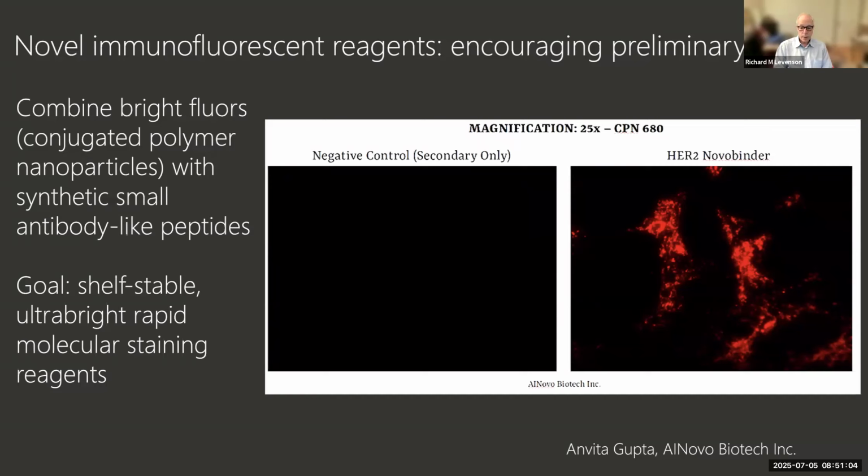And so Anvita has developed some tiny molecules, 10 times smaller, that act like antibodies, and then we're coupling them with some very, very bright fluors that are shelf-stable and don't photo-bleach. And so hopefully these will be reagents that can be easily transported and used throughout the world.